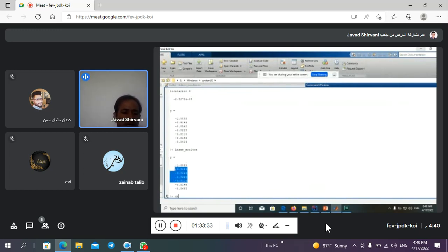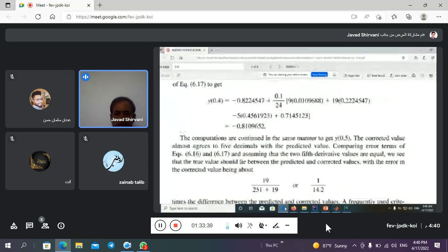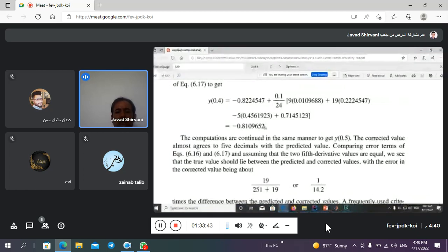This value obtained by the Adams-Moulton approach is quite accurate because when we round off this number, we get minus 8110 for 4 meaningful digits here.